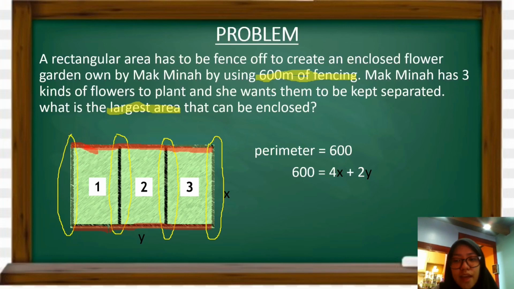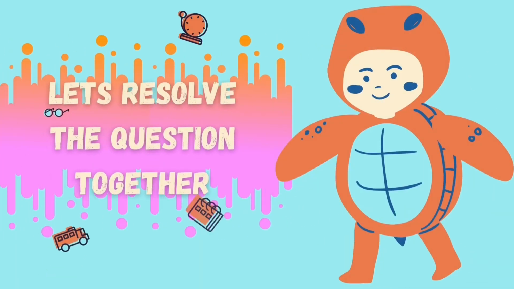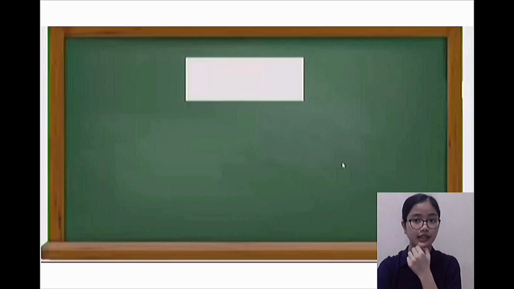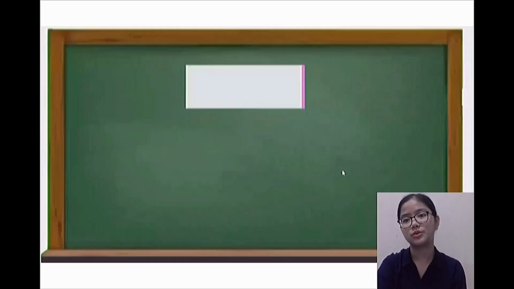So to find the area, let's continue to the next step. Let's resolve the equation together. Okay, let's continue to find the solution. Like Salsabila said before, we need to separate the 3 parts, and our width is x and our length is y. For the width, we have 4 widths, which is 1, 2, 3, and 4.